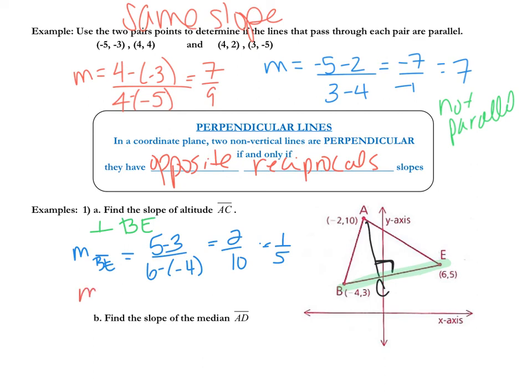Then the slope of AC, which is the altitude, needs to be the opposite reciprocal of the slope I just found. Opposite means change the sign, so that'd be negative, and reciprocal means flip it, so -5. Make sure that with perpendicular lines or slopes, you do opposite reciprocals.